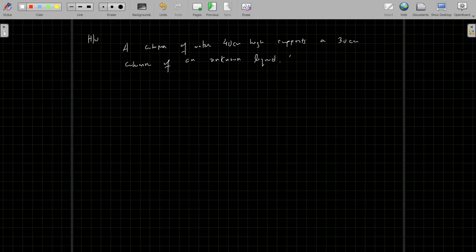What is the density of the liquid? Find this. What formulas to use, you please find.